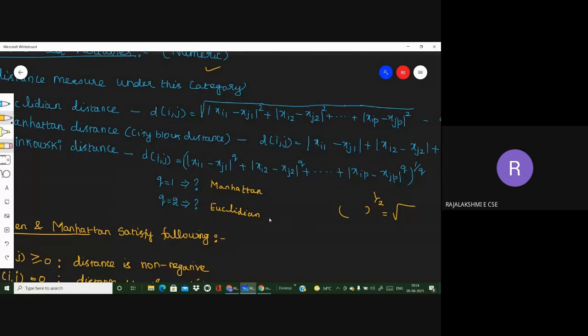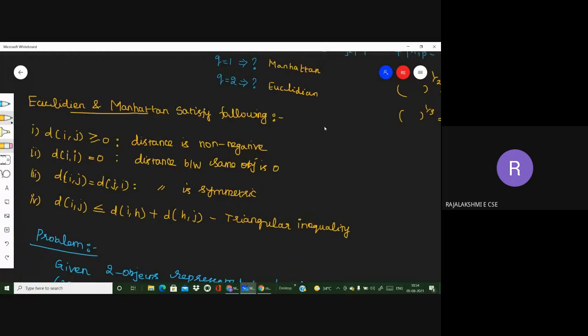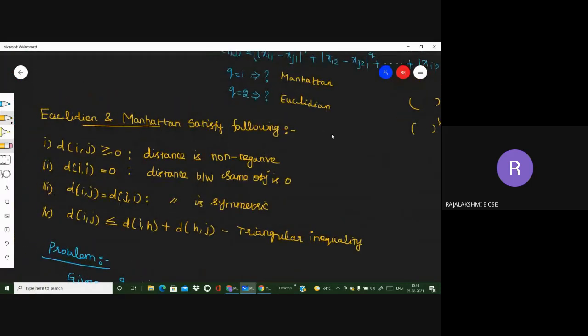Will you agree? Power 1 by 3 is a cubic root. If 1 by 3 is called cubic root, why don't you say that 1 by 2 is the square root?